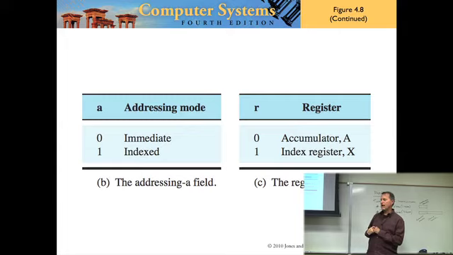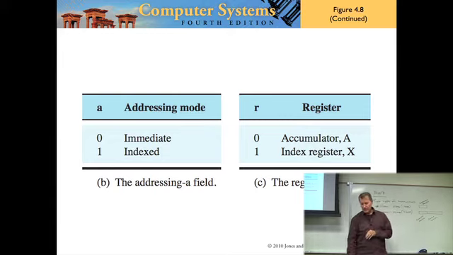And remember some of those had the R field in it? R is the register field, and they only have 2 options. If R is 0, the instruction operates on the accumulator, and if it's 1, it operates on the index register. Now, where is the accumulator? In the CPU. And where is the index register? In the CPU. Does everybody see how that works?